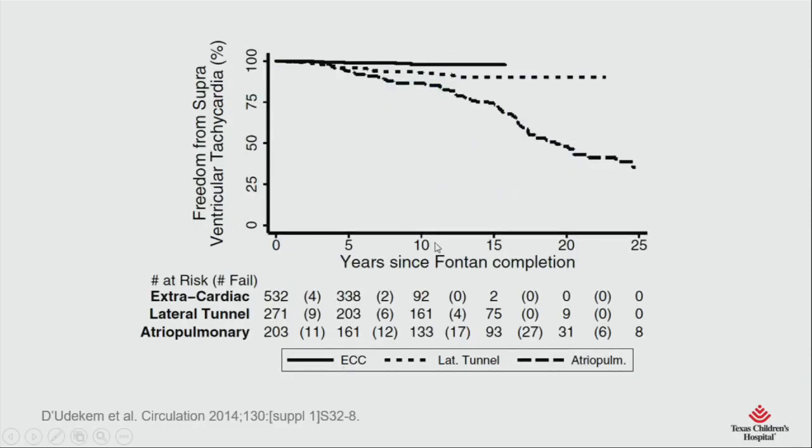This is a series from New Zealand, from the Australia and New Zealand Fontan Registry, for the long term. What they found is that extracardiac Fontans and lateral tunnel Fontans, for the most part, do very similarly and much better than atriopulmonary Fontans.